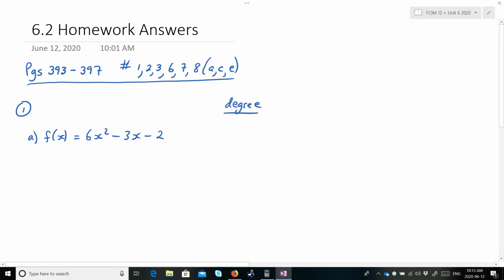So I'm going to put these little columns: degree, the leading coefficient, and the constant term.